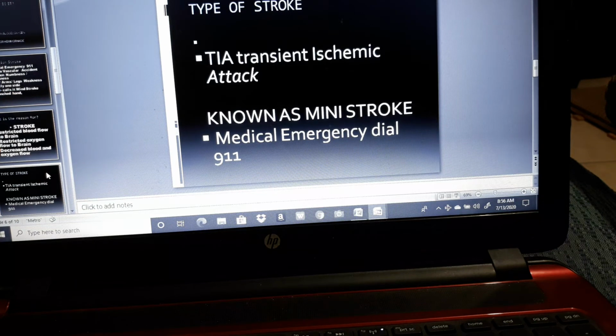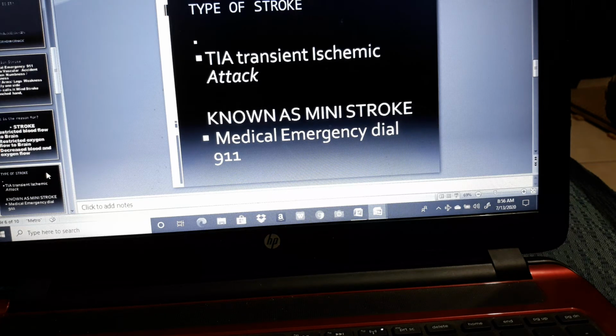One type of stroke is called transient ischemic attack, typically referred to as a mini stroke. T for transient, I for ischemic, and A for attack.